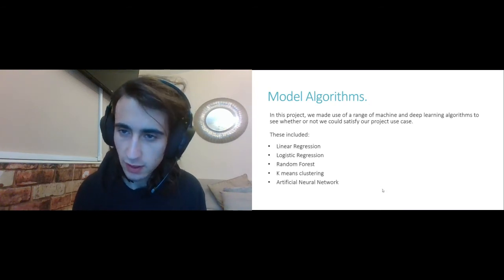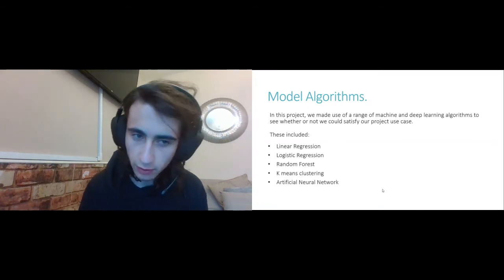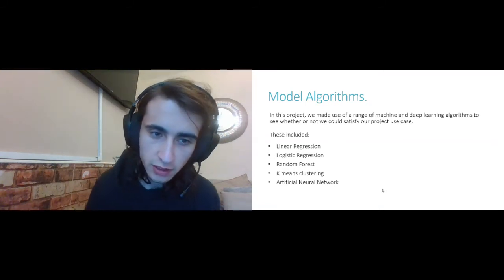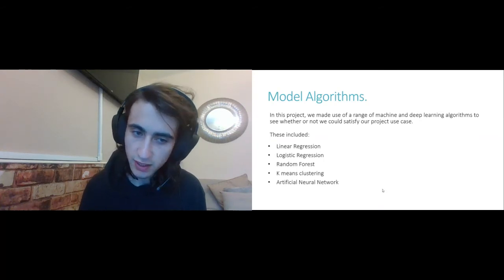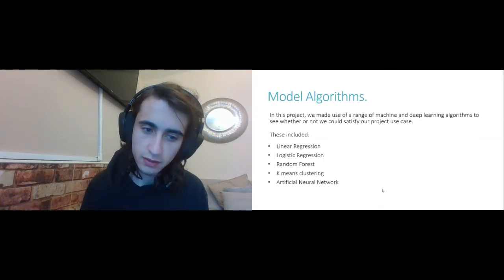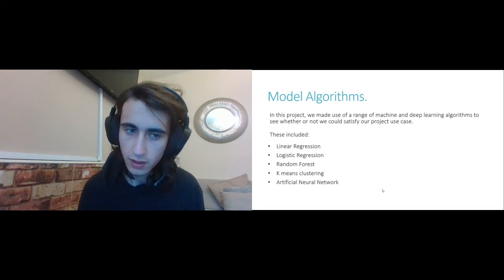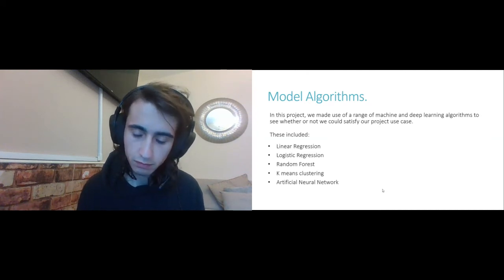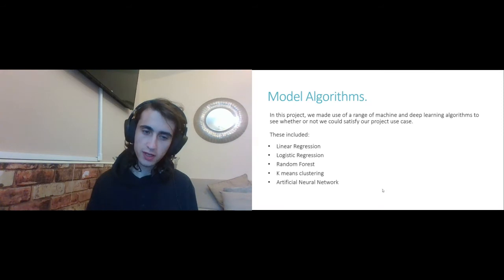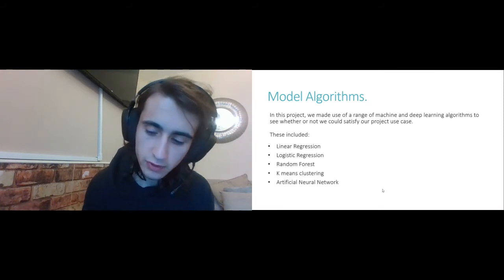We implemented a lot of machine and deep learning algorithms. We started with a simple linear regression. We then used a logistic regression, a random forest. We tried a k-means cluster, and we also did an ANN. As you can see from my notebook, a lot of time and effort was spent on it, and we tried quite a large selection of different algorithms.